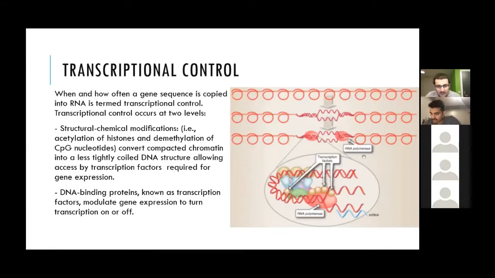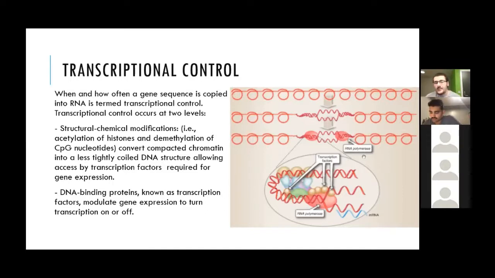It happens through structural chemical modifications, because remember, the DNA is tightly coiled around histone proteins, so first of all you need to unwind that by the acetylation of histones and demethylation of CpG nucleotides, which opens up the DNA so you can transcribe what you want. Those are the structural chemical modifications to access any DNA you want.